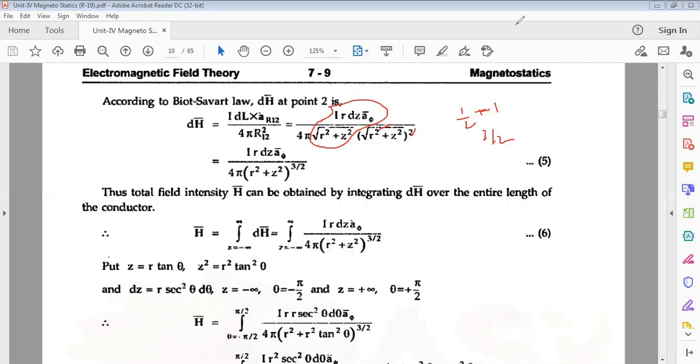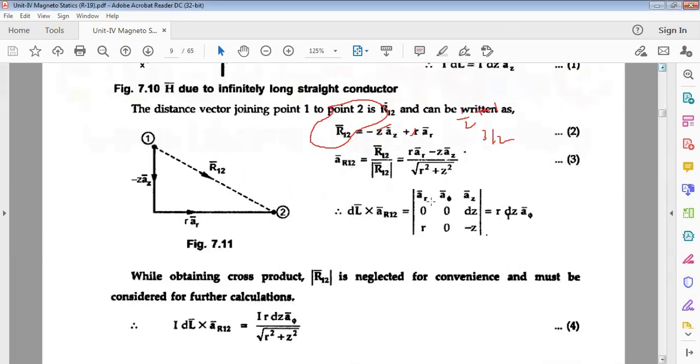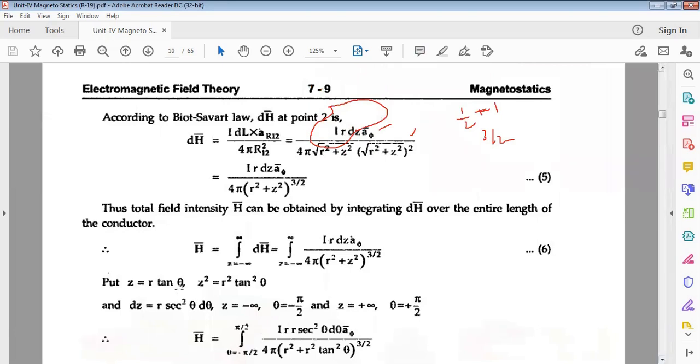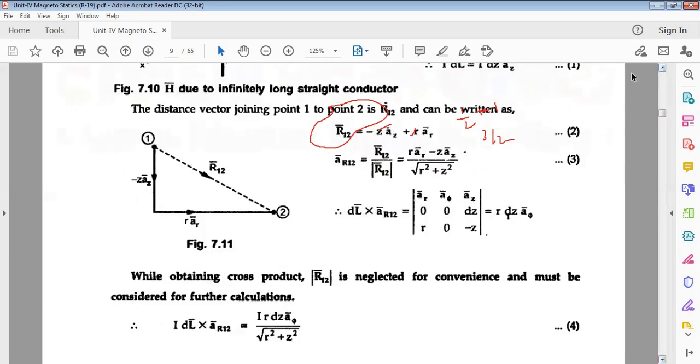Okay, from this right angle triangle, suppose you have a right angle triangle and we assume the angle theta. The opposite side is z and the adjacent side is r.